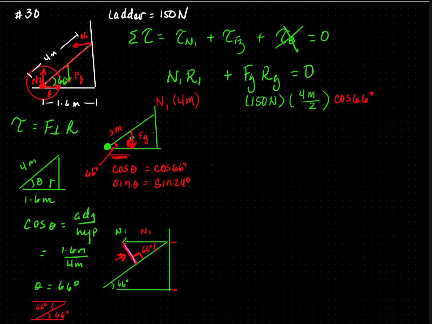Right here is perpendicular to the lever arm. So if I use 66, since it is opposite, this will be sine 66, or I could use cosine 24 if I use this angle right here. So N1 times 4 meters sine 66 degrees.